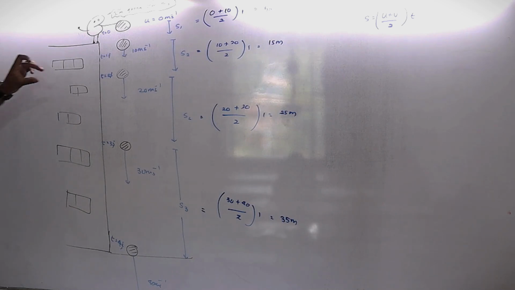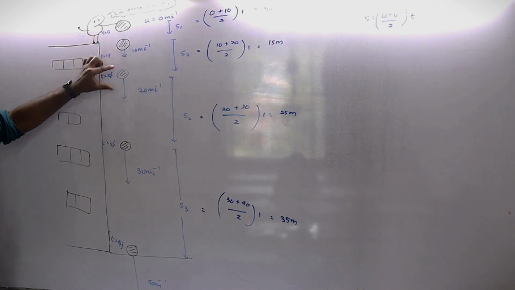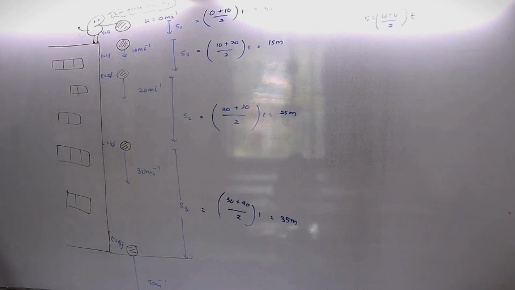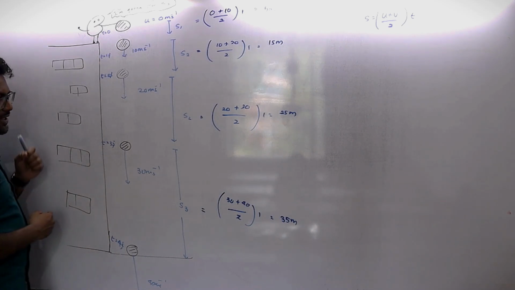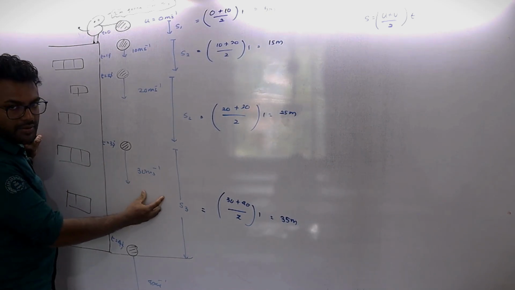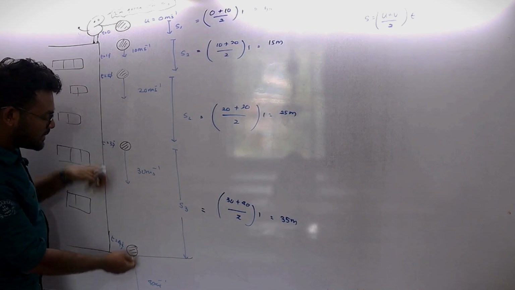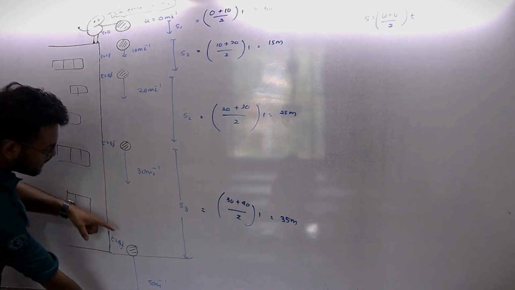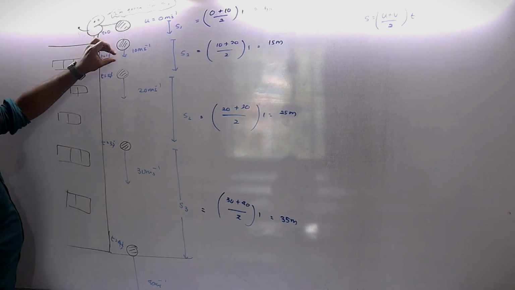Note that the arrows I have drawn are also increasing. Why? These are vectors, guys, so we need to represent them with an arrow corresponding to its magnitude. The higher the magnitude, the longer the line you need to draw. These lines are shorter, and this is the shortest one.